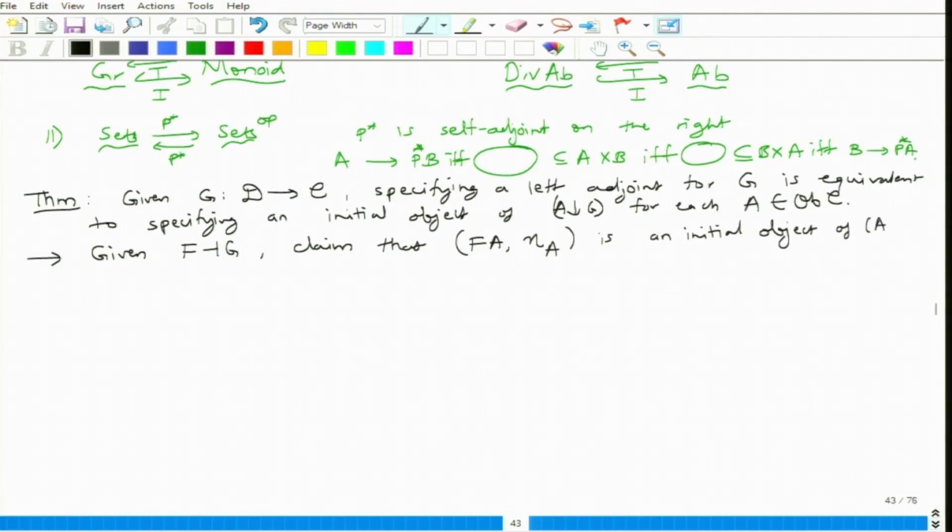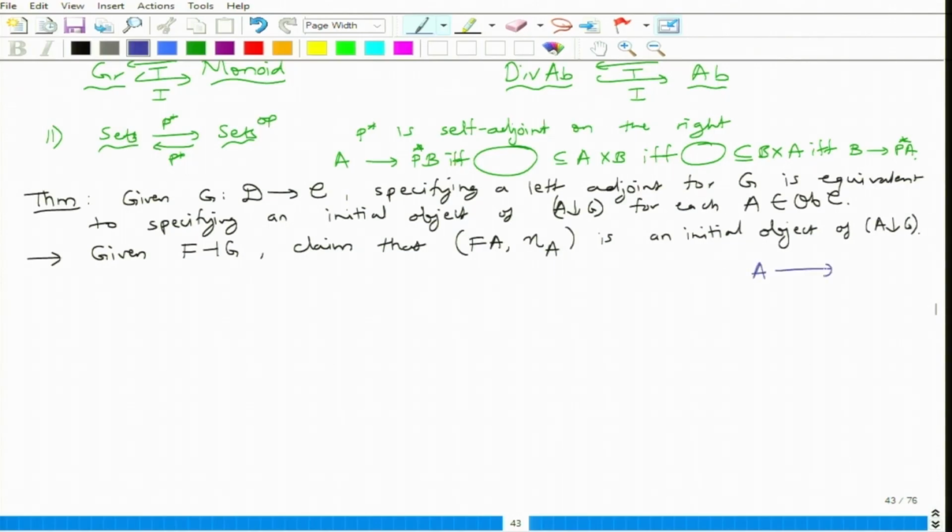Okay, just to quickly remind you, what is the arrow category? What are the objects of the arrow category? Pairs. Okay, so tell me one object of A arrow G. B comma F. No, see, you need an object.